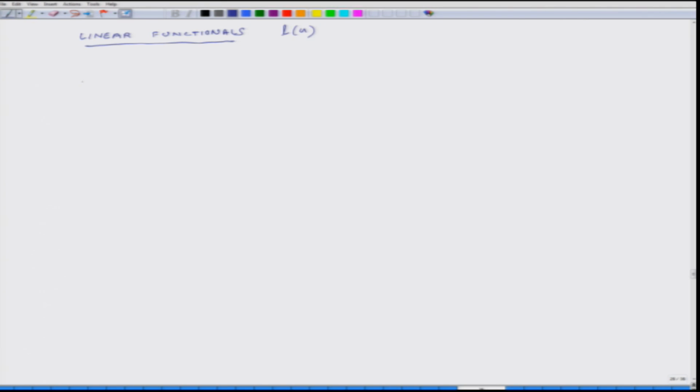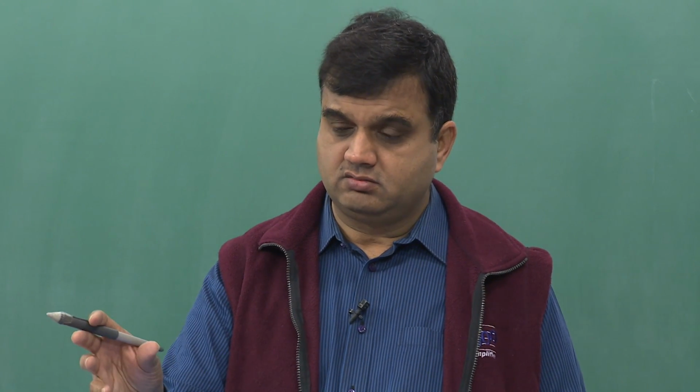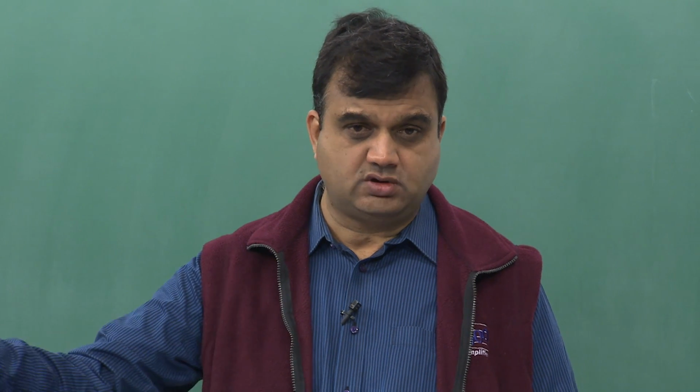One thing before I explain this linear functional is that in this case the dependence is only on one function u and its derivatives, but there is no rule that a functional cannot depend on more than one function. It can depend on several functions. It could be a function u, another function v, and so on and so forth.